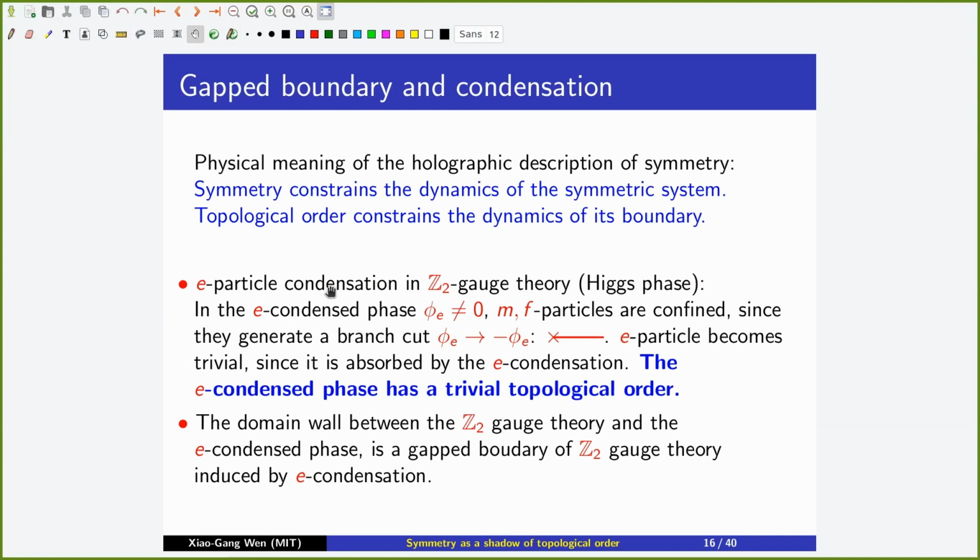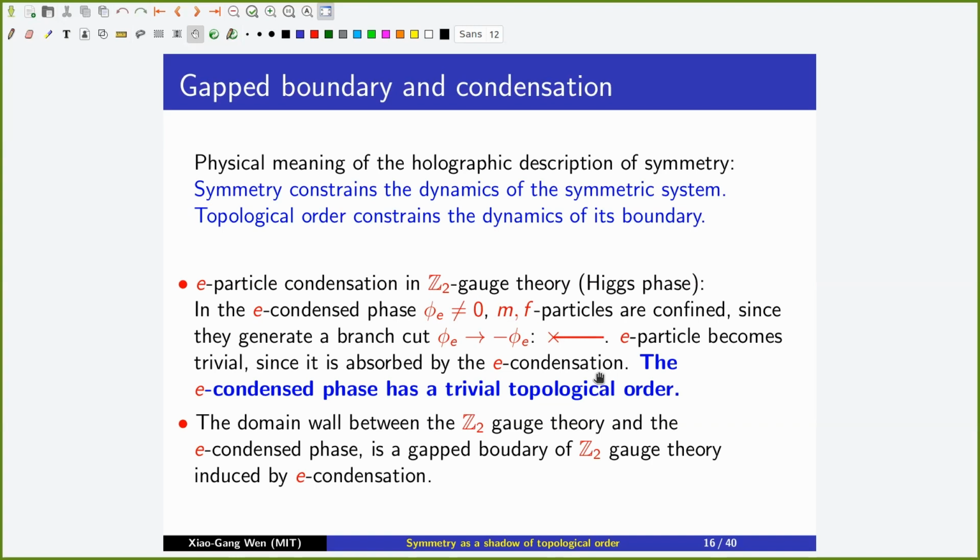And the M and F particles also disappear, because M is like a vortex, a flux for the E particle. If the E particle condenses, this M particle would insert a branch cut, which costs finite energy linearly in the length of the branch cut. And therefore, the two M particles would have a linear potential between them, and they are confined. So there's nothing left. Therefore, this condensation of the E particle gives us a trivial topological order.